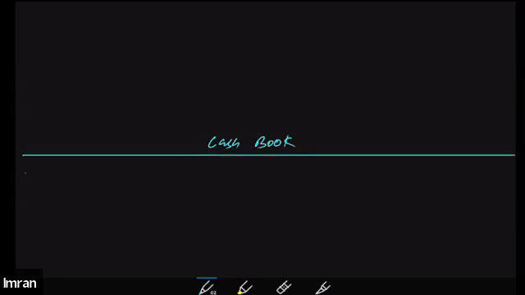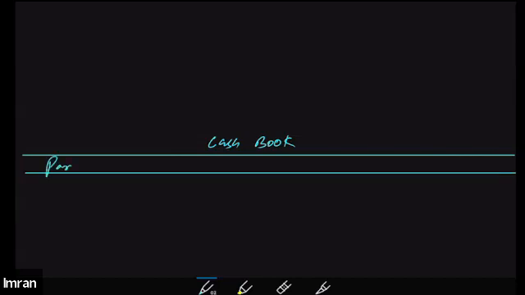So let me prepare the format of the cash book as well. I'm sure all of you already know how to prepare the cash book, right? Cash book is prepared just like a cash account. So in the cash book, we have as usual two sides, debit and credit.